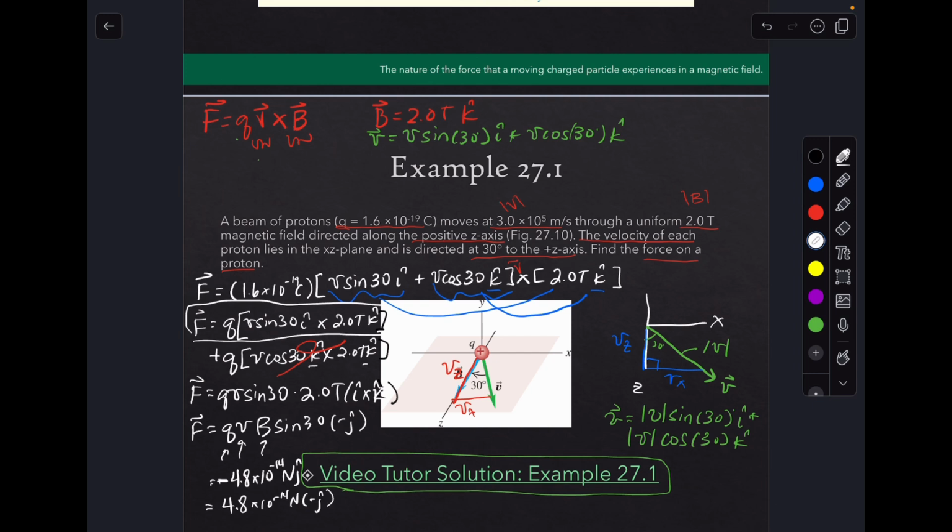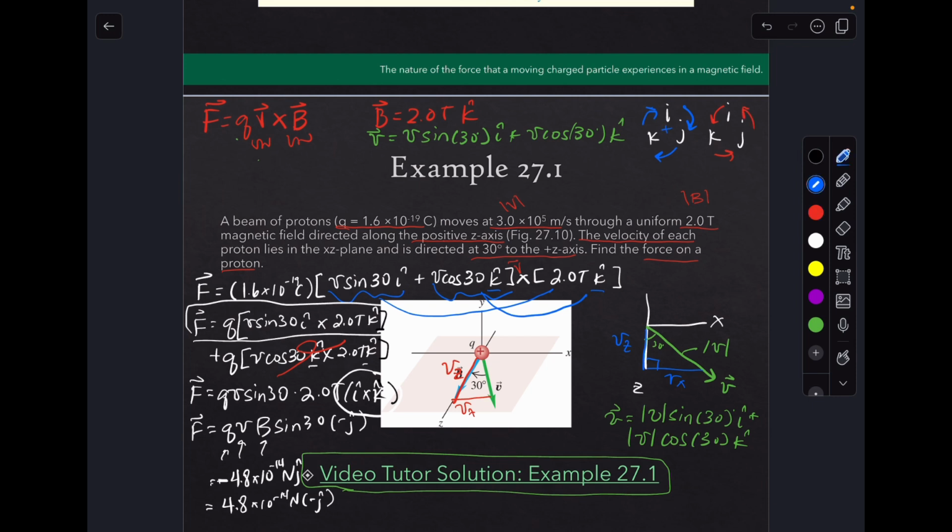Let me show you this trick of how I knew that I cross K was negative J. Here's the second cross product trick; the first one is in that YouTube video. We write IJK and draw little arrows going in the clockwise direction, and then another set of IJK with the arrows going counterclockwise.